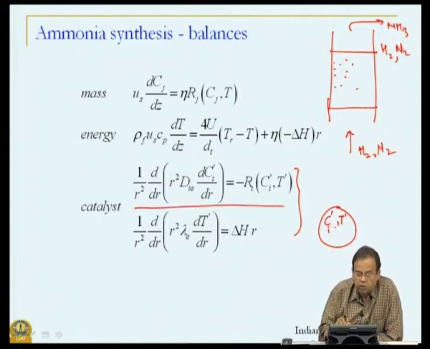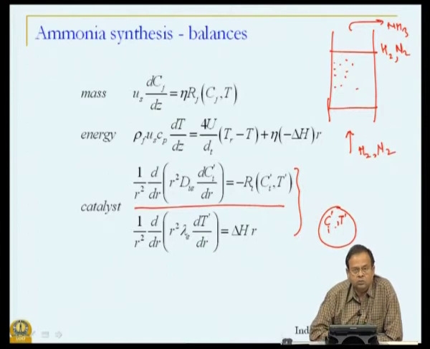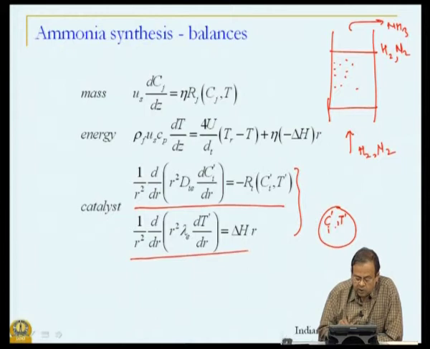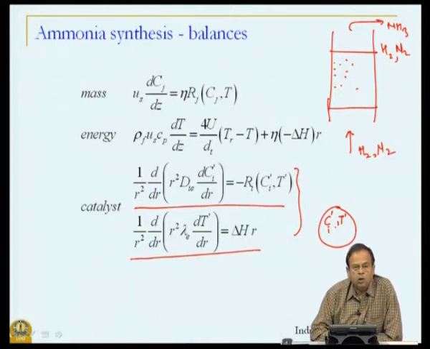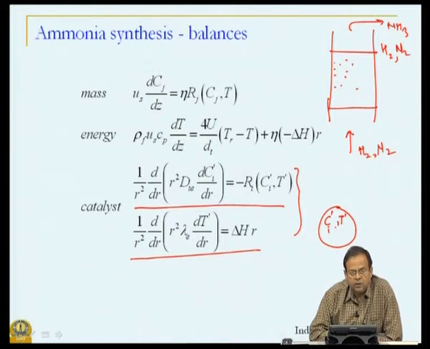Steady state diffusion and reaction. This we had seen when we talked about an individual catalyst. Similarly, non-isothermal catalyst pellet. So, in the energy balance, the rate of reaction times heat of reaction is your conductive heat transfer.